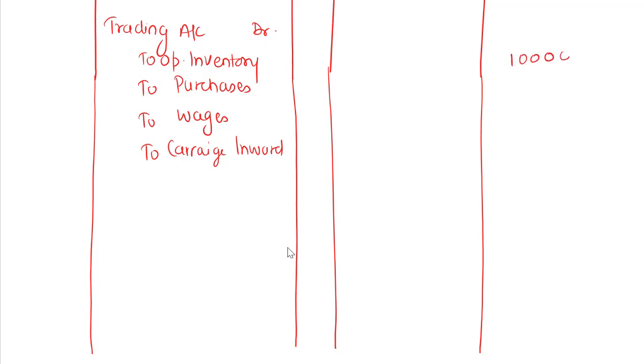Opening inventory 1 lakh, purchases 6 lakh, wages 50,000, carriage inward 30,000, total 7 lakh 80,000.